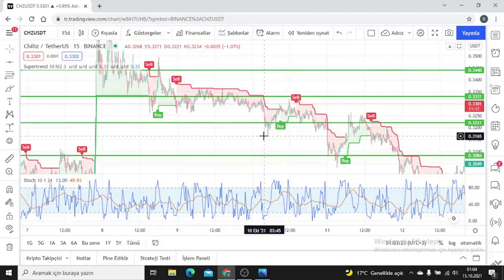Before I forget, let me tell you this, my friends. You can get support from moving averages while using Supertrend. You can also get support from the moving averages in the 1-hour period. You can get support from the moving averages in the daily period. I don't want to make the video longer, I won't be drawing right now.